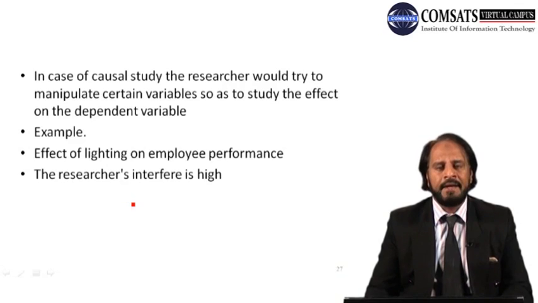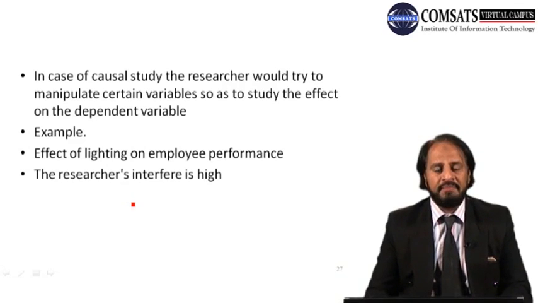And on the other hand, if an experiment was conducted within the context of a lab, a specially made lab, in which you actually handpicked your people and had an artificial environment made especially for this research, then in that case the causal study is trying to again establish the relationship between two variables, but then you have much more control.